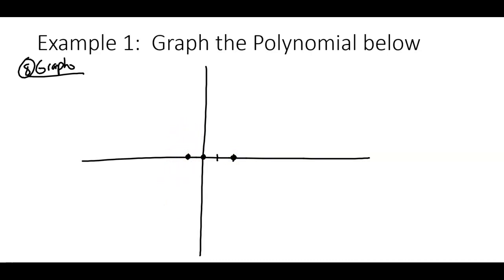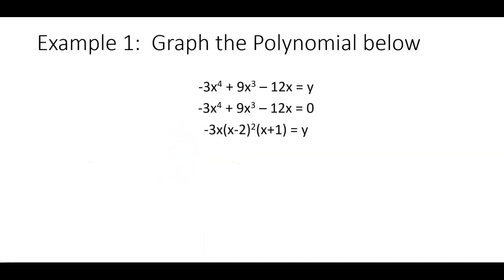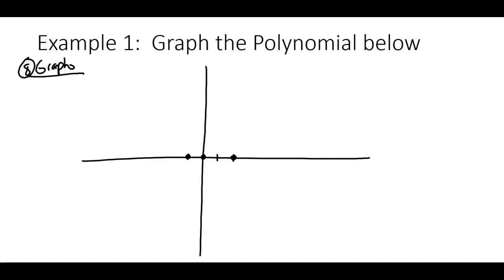Now, let me look at it again because I kind of forgot. Yeah, I was right. What we found out is that at -1 it goes through, at 0 it goes through, but at 2 it bounces. So I'm just going to write those letters there so I'll remember that when I actually get to the graph.